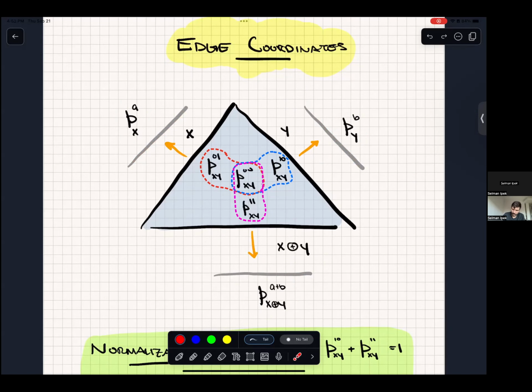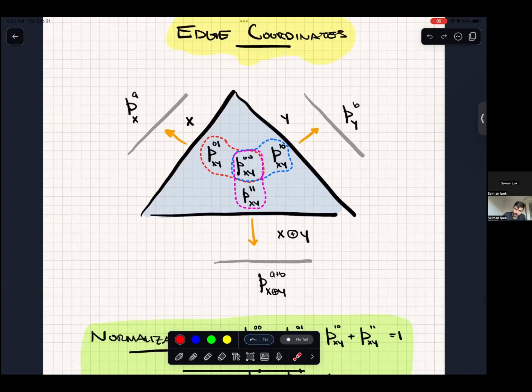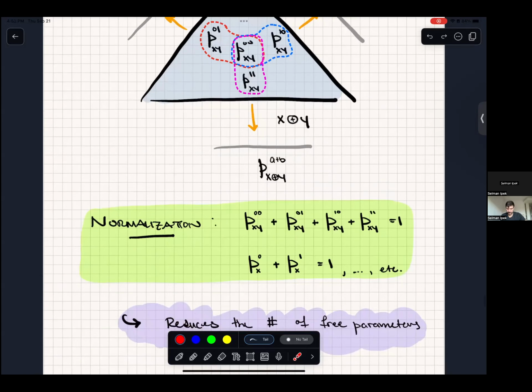So without loss of generality, we can actually just talk about representing any of these four numbers in here using just the zero component, px0, py0 and px+y0. And we'll see how that works in just a moment.